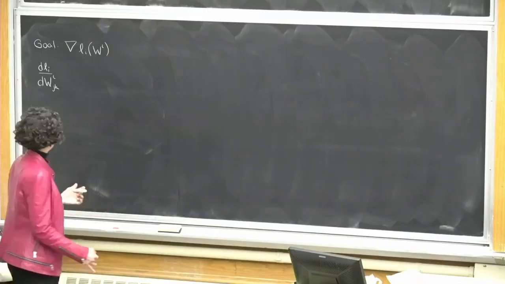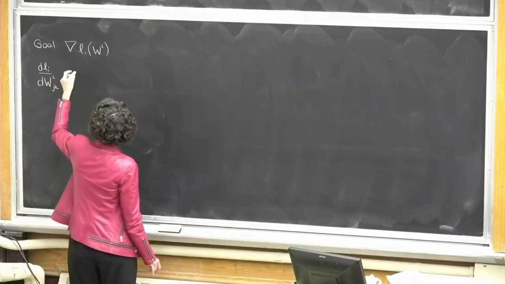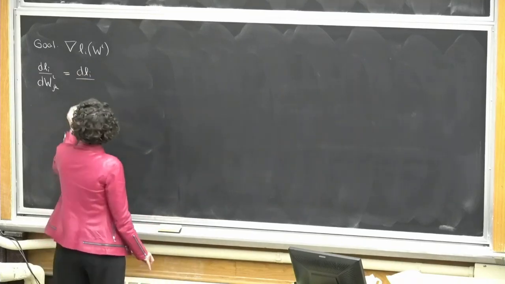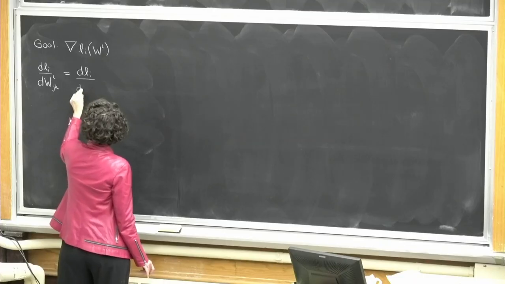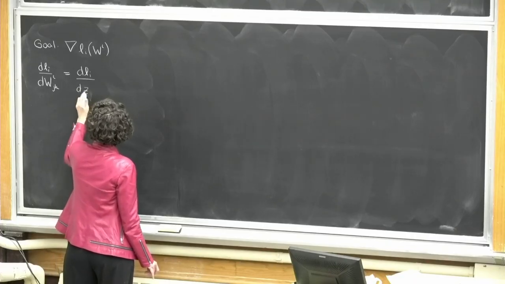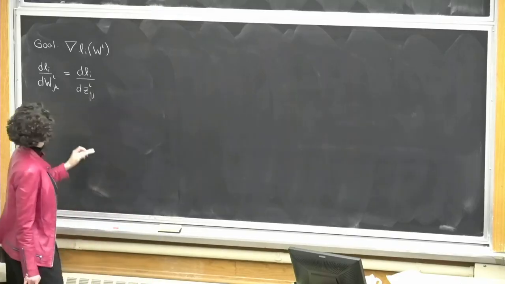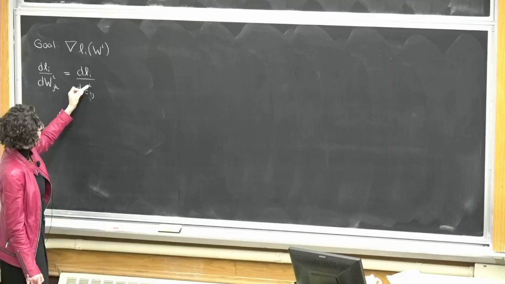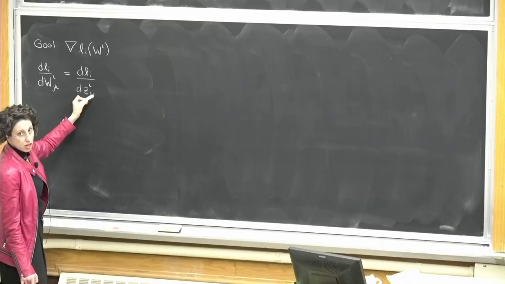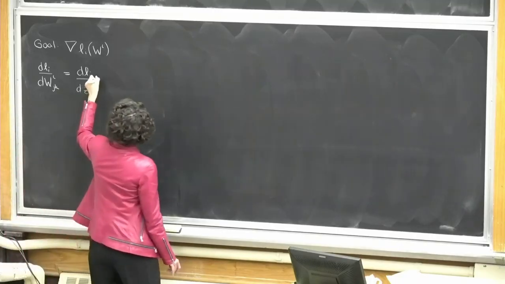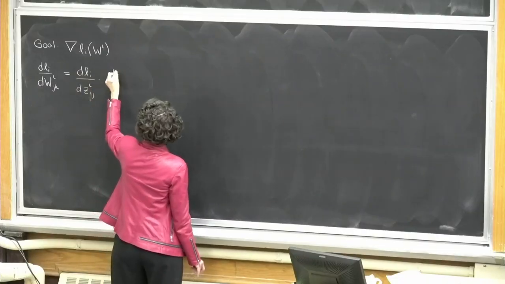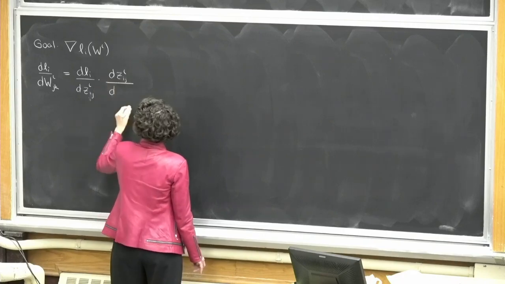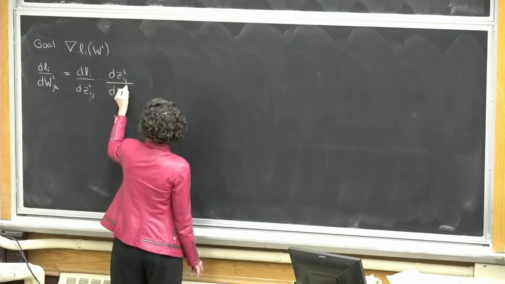Now, just like we did before, we are going to apply the chain rule. So this is the derivative of the loss for the ith training sample with respect to Z_ij^L. So I'm looking at the input into the Lth layer for the ith sample in the jth node. And then I'm going to multiply this by the derivative of Z_ij^L with respect to W^L_jk.